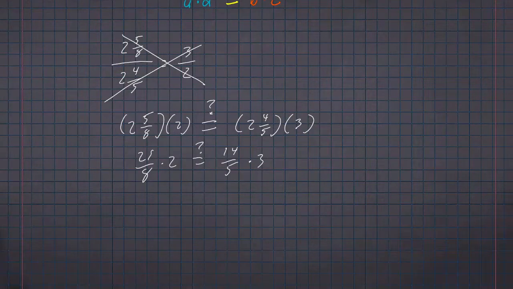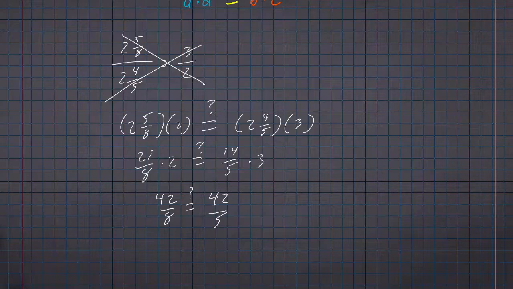And if I multiply here, 21 times 2 is 42. 14 times 3 is also 42. And I get the claim that 42 over 8 is equal to 42 over 5.